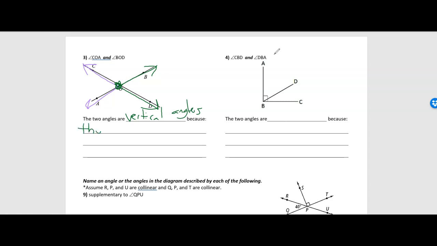Because they are opposite angles formed by two intersecting lines.